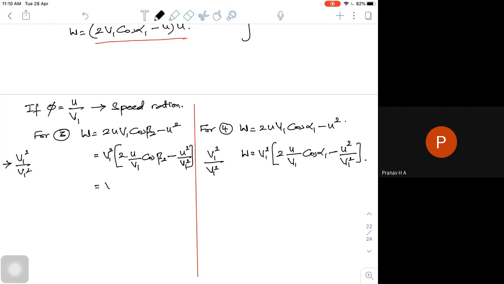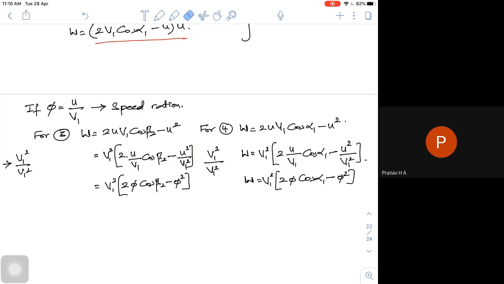So V1 square as it is, this will be 2 phi cos beta 2 minus phi square. And W is equal to V1 square into 2 phi cos alpha 1 minus phi square. I can call this expression number 5.